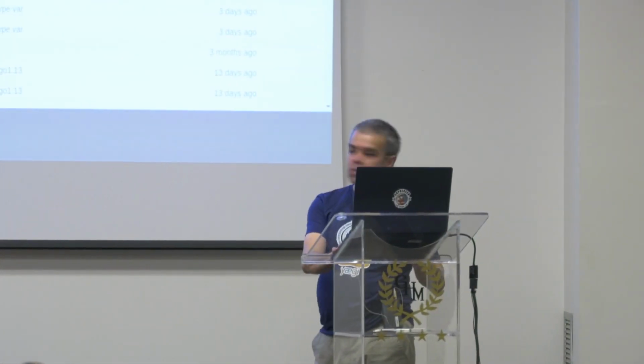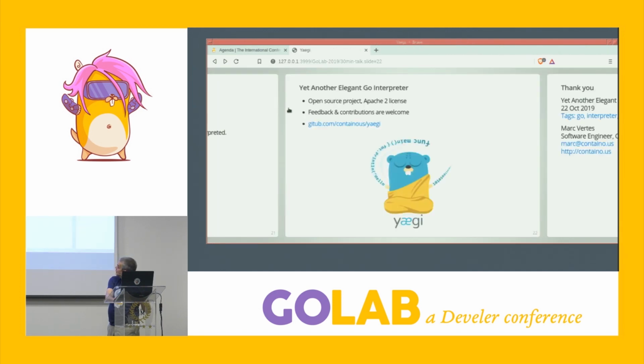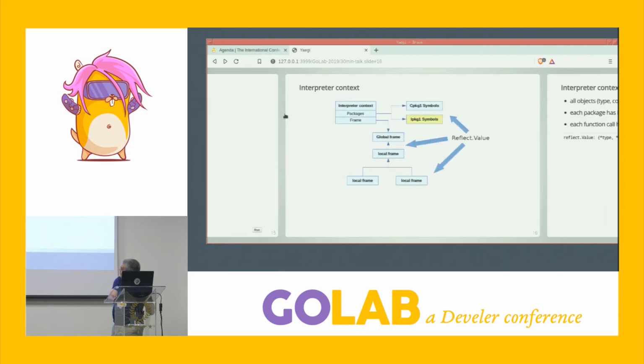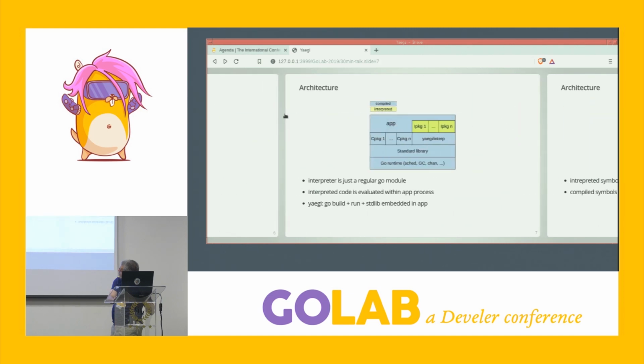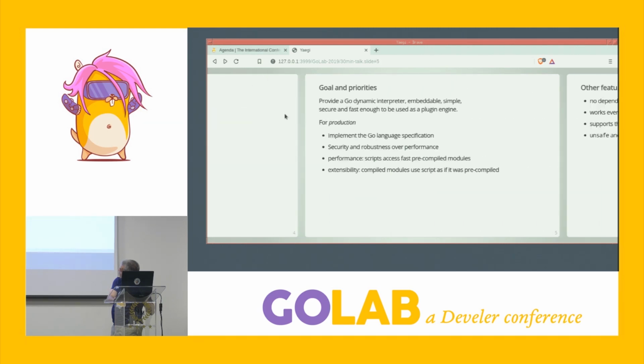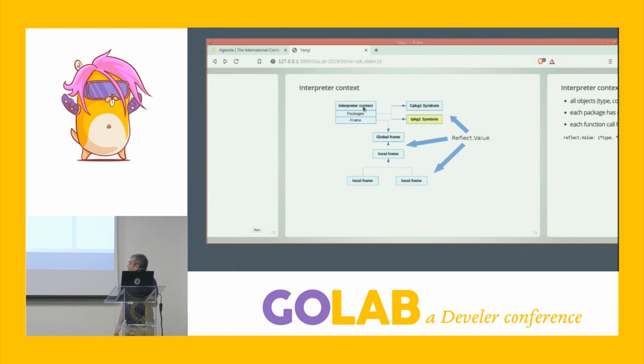I'm looking for this diagram. Yeah, this one. After some code has executed in the interpreter, we still have this interpreter context as persistent memory in the application.